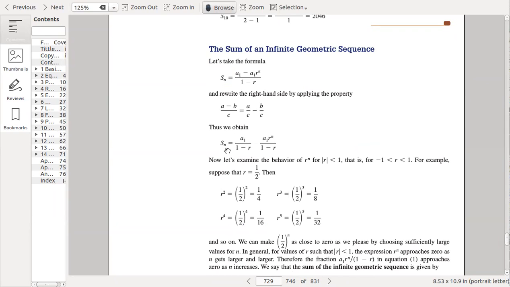Thus we obtain Sn is equal to a1 over 1 minus r minus a1 r power n over 1 minus r. It means in the numerator there are two terms, and we can split them.